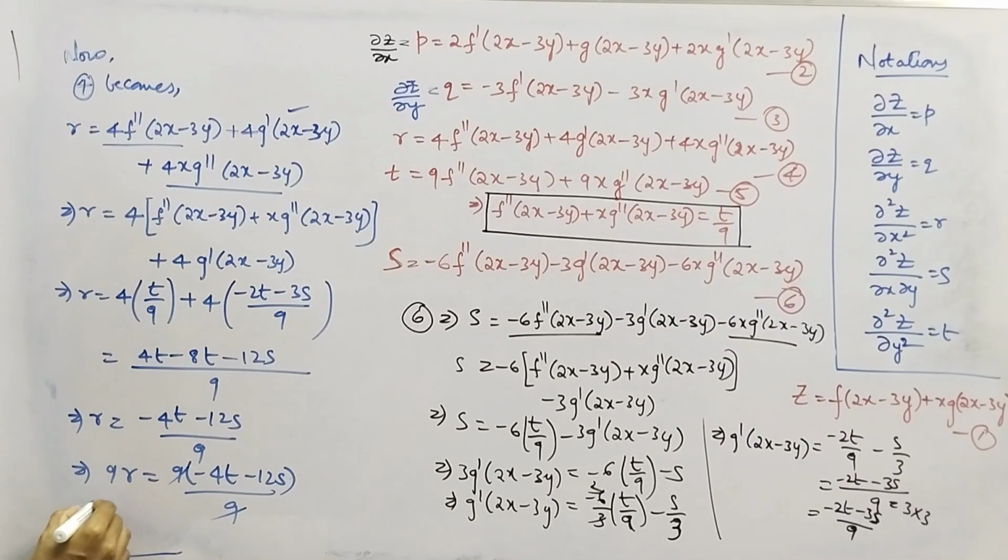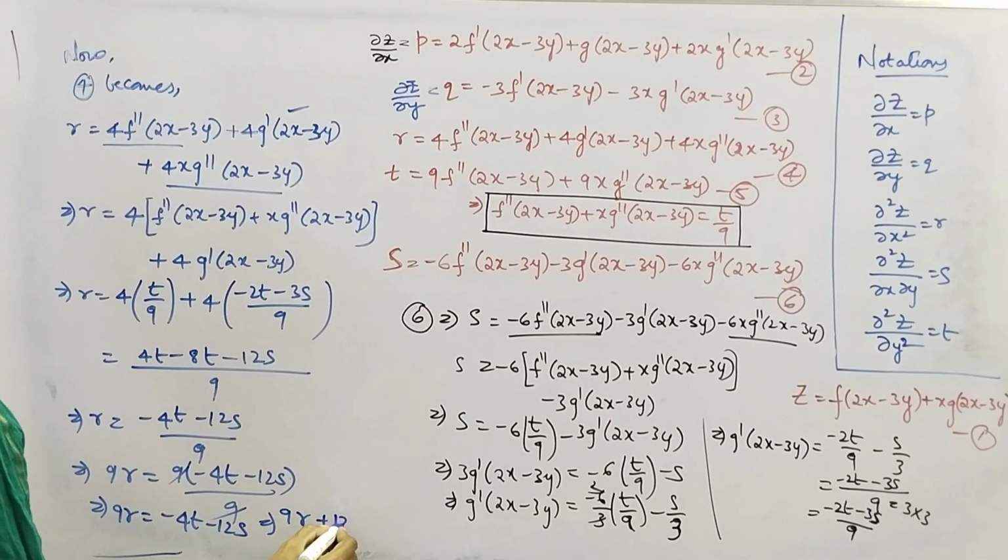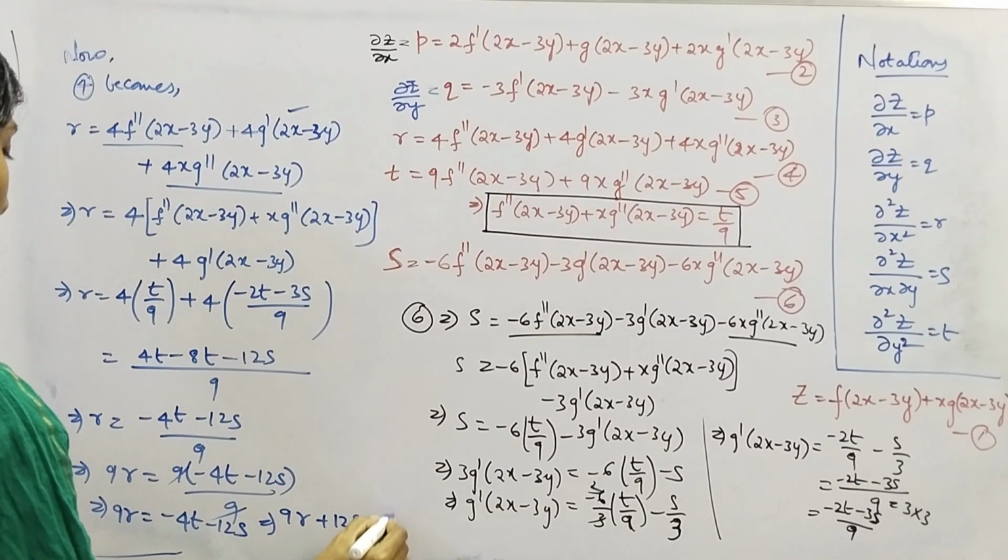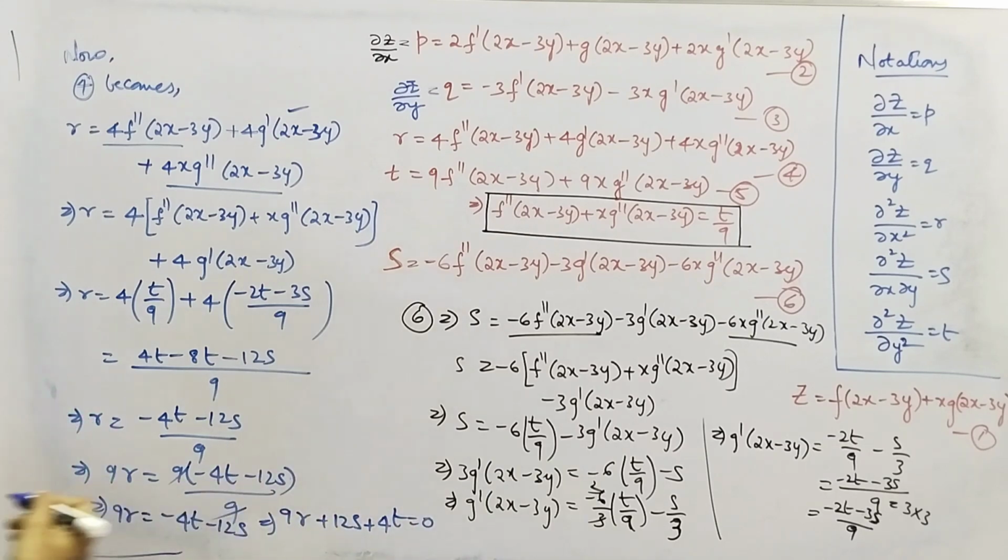Where 9 gets cancelled and you'll get 9r equal to minus 4t minus 12s, right? Or just take these two terms to LHS, you'll get 9r plus 12s plus 4t equal to 0, which is the required partial differential equation.